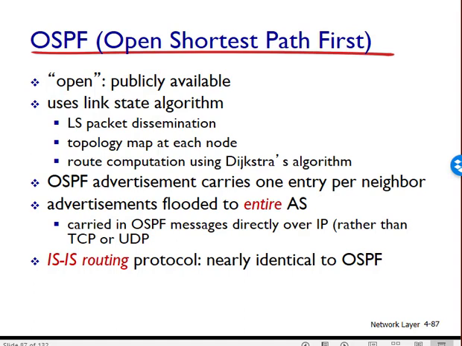OSPF advertisements are contained in OSPF messages that are carried directly by IP with an upper layer protocol of 89 for OSPF. The protocol numbers are managed and assigned by the Internet Assigned Numbers Authority, IANA. Therefore, the OSPF protocol must itself implement functionality such as reliable message transfer and link state broadcast.